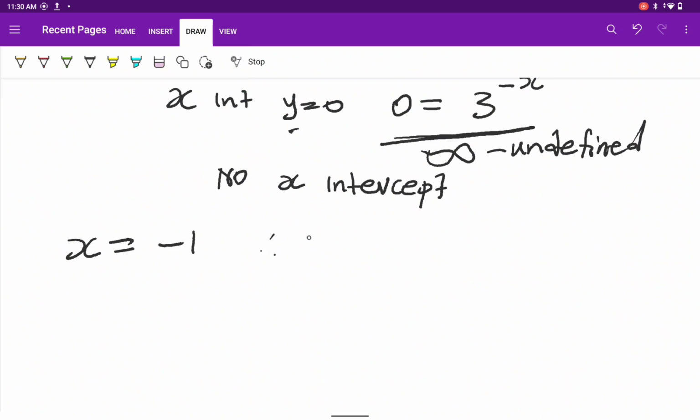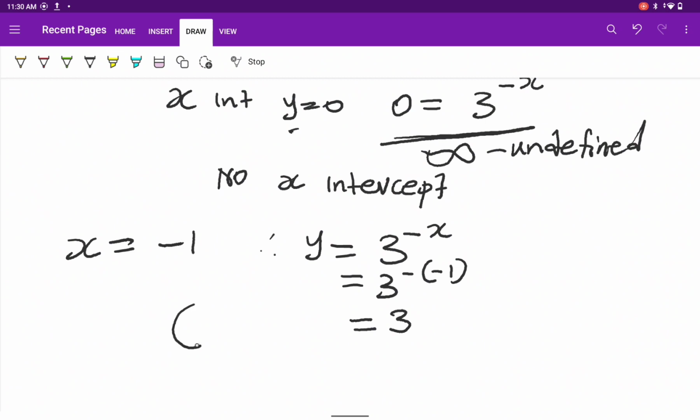According to the equation, y is 3 to the power -x. So y will be 3 to the power of negative of -1. A negative and a negative is positive, so y will be 3 to the power 1, which is just 3. So the other point that we have is (-1, 3).